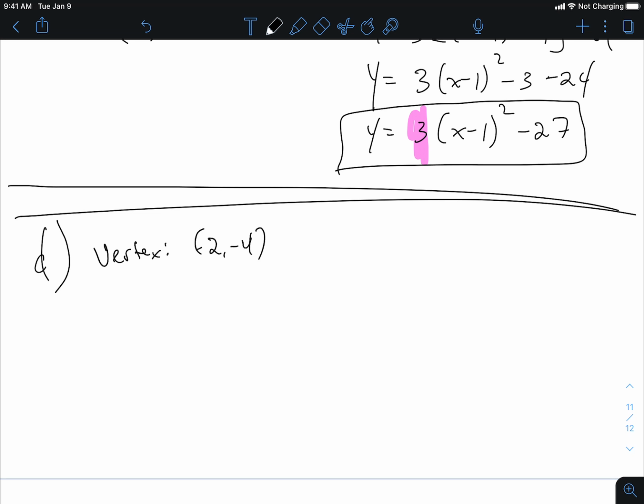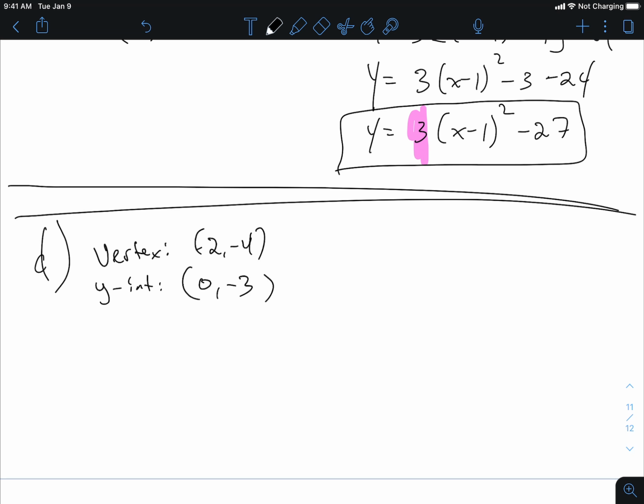Like let's say the y-intercept. What was the y-intercept in that question? Yeah, 0 and -3, right? Same thing, except this time it gave us different information.